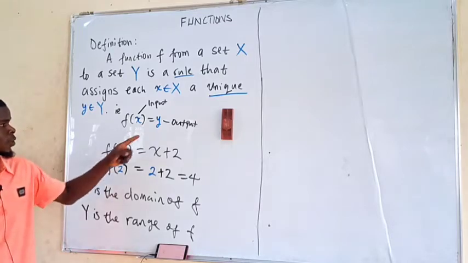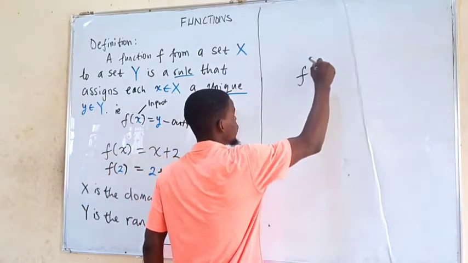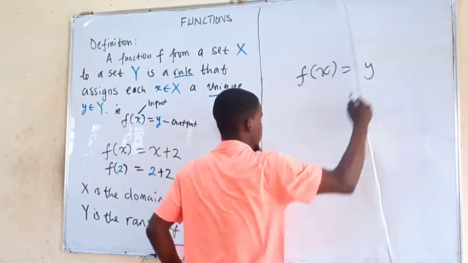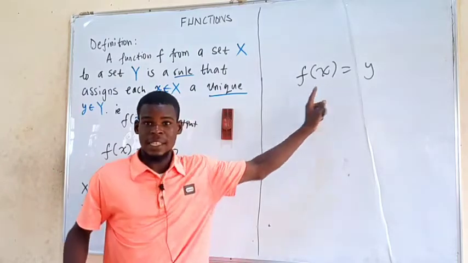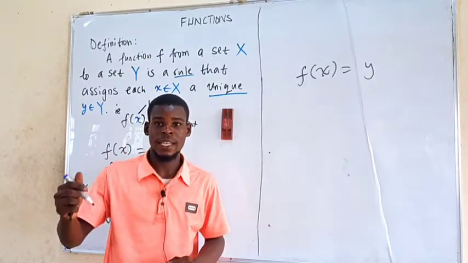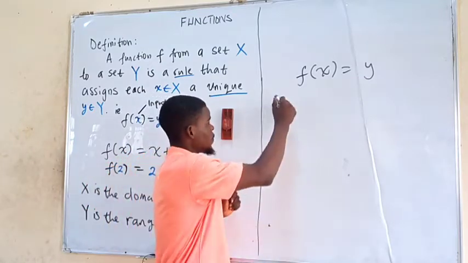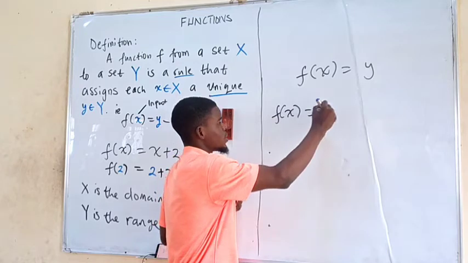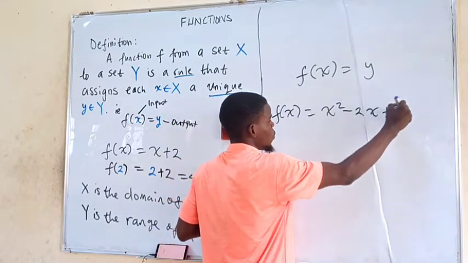Okay, let's look at this explicitly. So we look at f of x equals y. Now, this f of x, as I said earlier, tells us that this thing should be written in terms of x. That means a particular example will be that f of x is something like, let's say, x squared minus 2x plus 1.